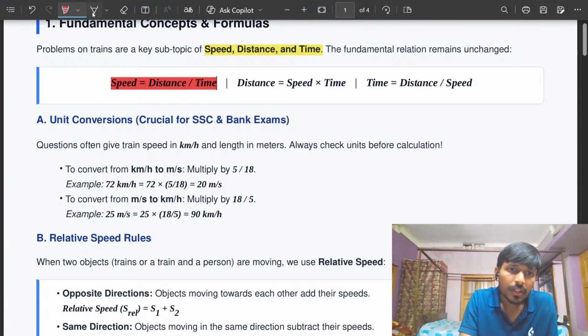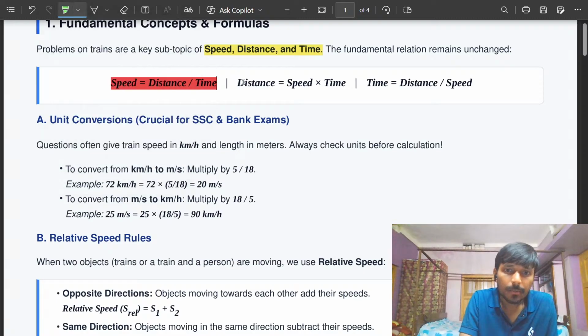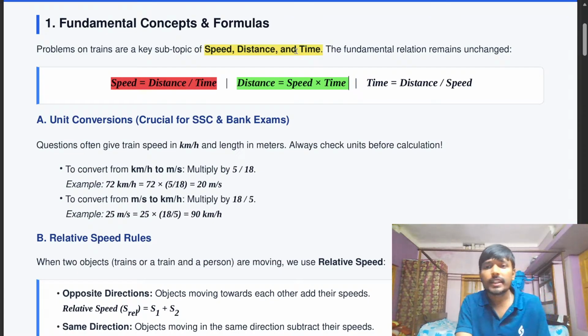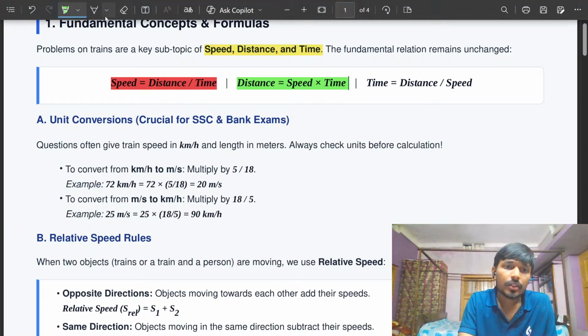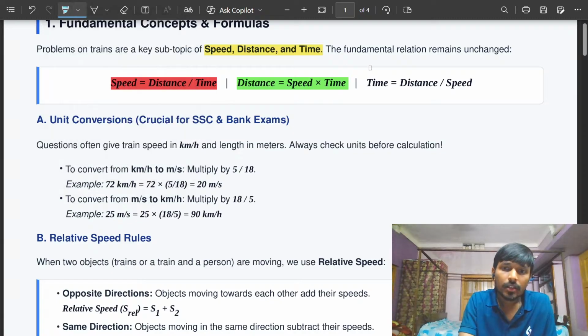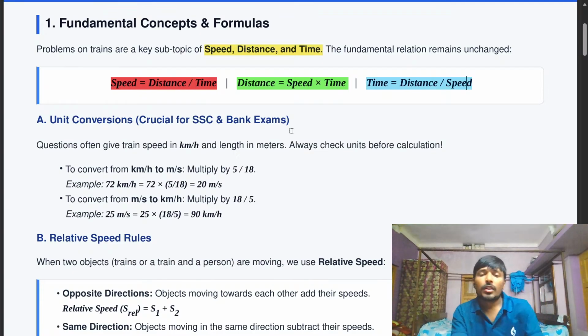And time equals distance by speed. So remember these rules. This is a very vital rule, and you also have to understand the concept.